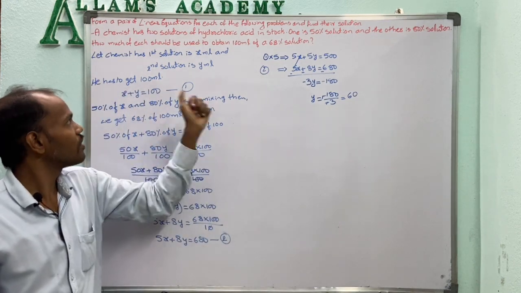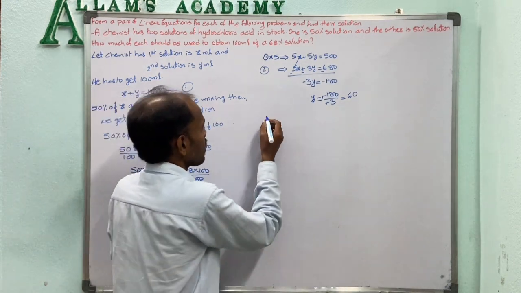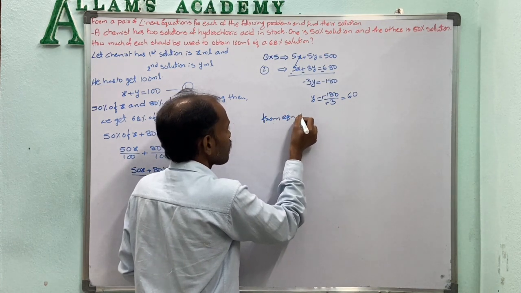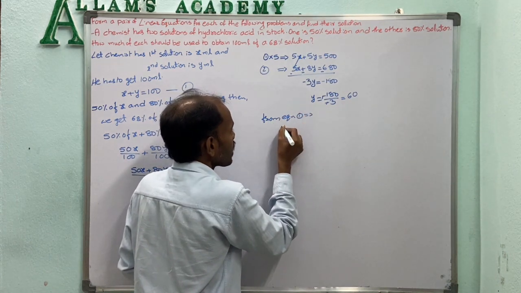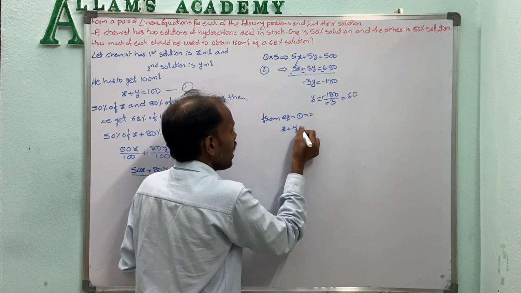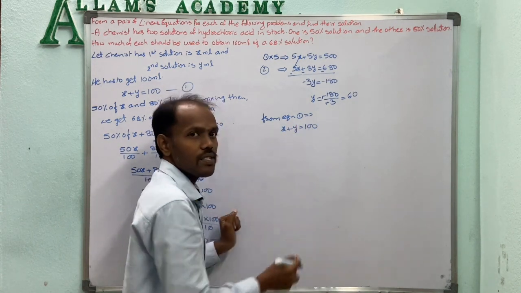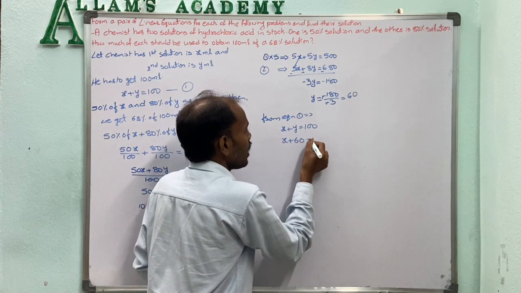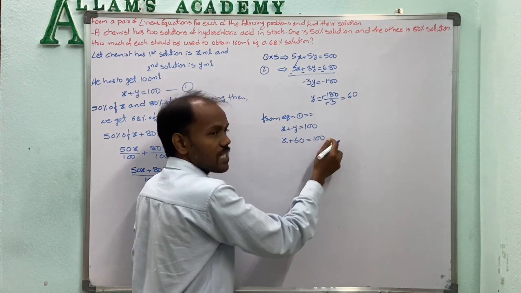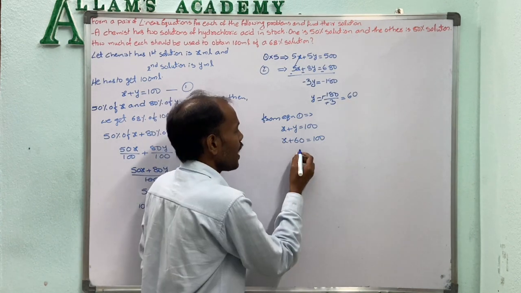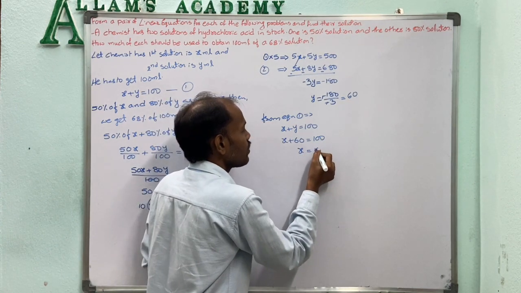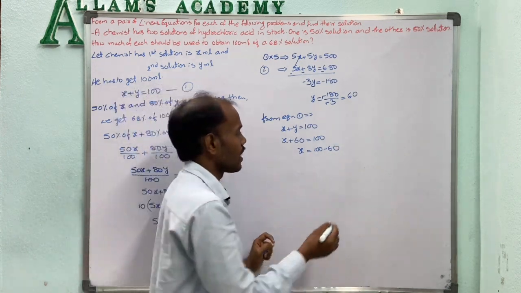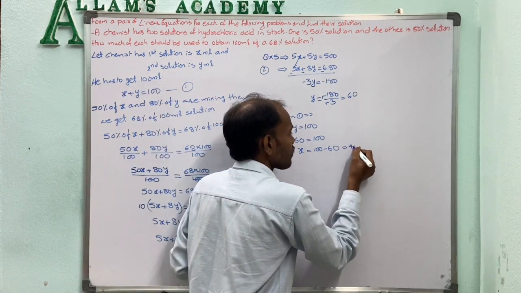Now the y value is substituted in equation 1. From equation 1, x plus y equal to 100. Now substituting y as 60, x plus 60 equal to 100. Now plus 60 transfer to that side, minus 60, x equal to 100 minus 60. 100 minus 60 is nothing but 40.